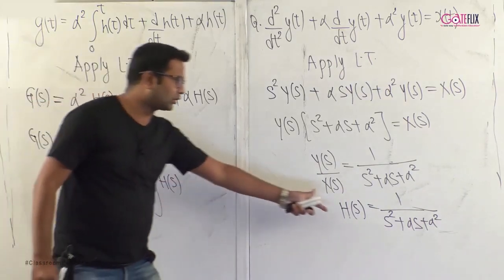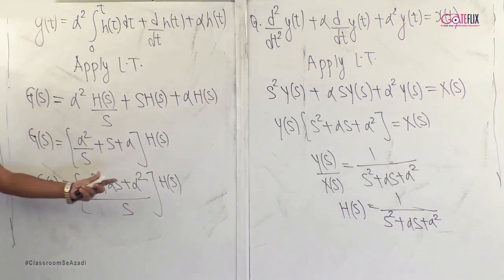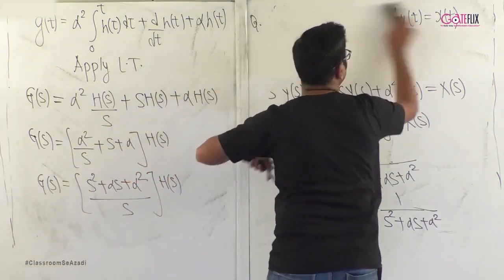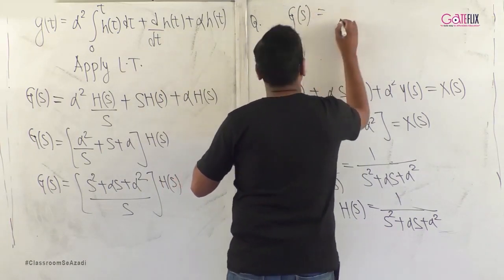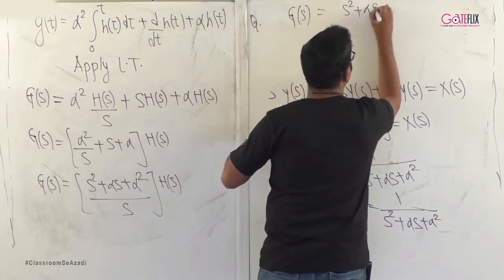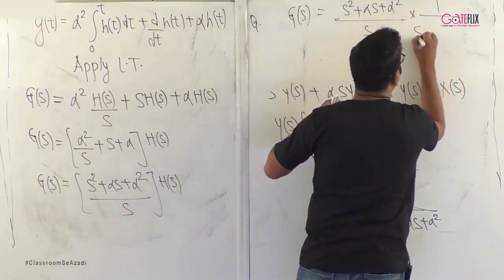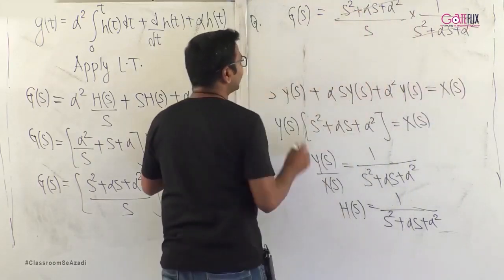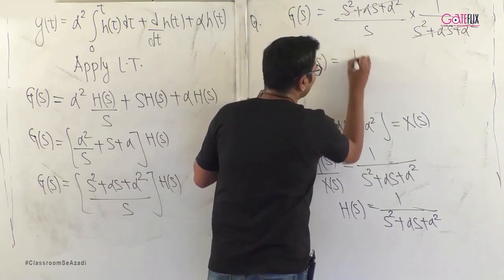Now we will substitute the value of H(s) in this equation. If we substitute the value of H(s) here, then G(s) will be equal to (s² + α²)/s multiplied by 1 upon s² + αs + α². Both these will get cancelled. So G(s) comes out to be 1 by s.